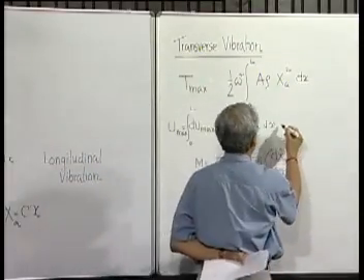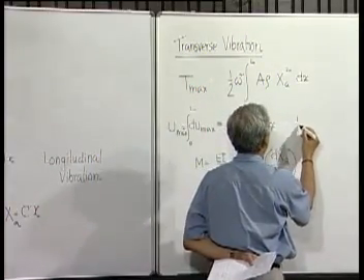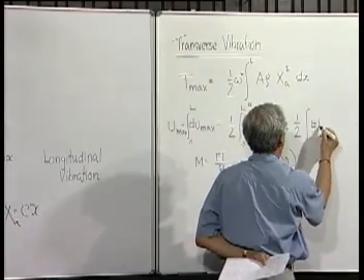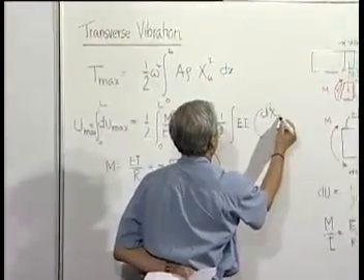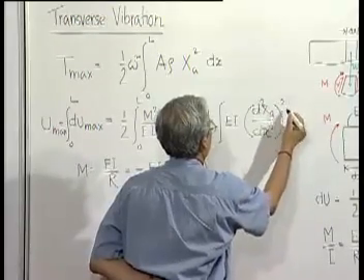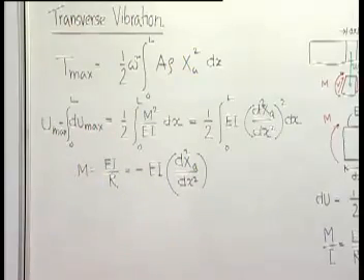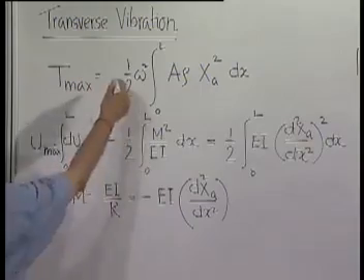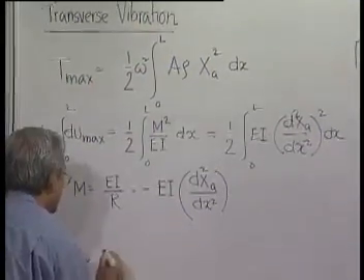Using this, putting the same here, we get half EI into the integral. Thus, in Rayleigh's method, when we equate the two, we get the natural frequency square.